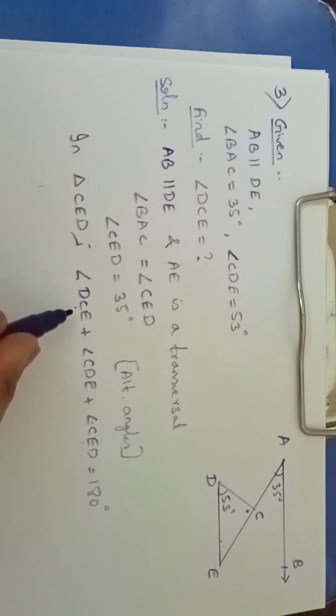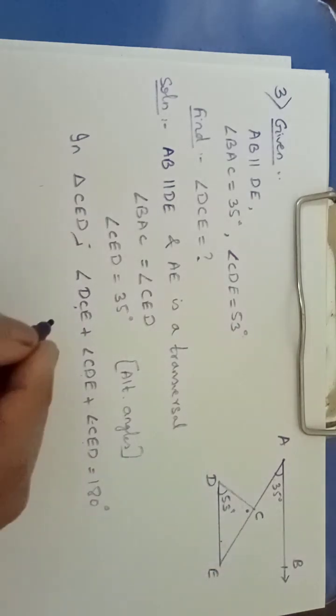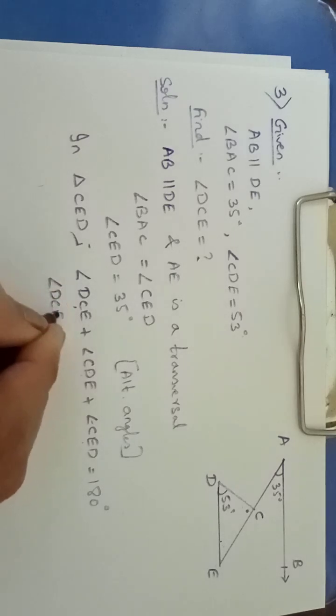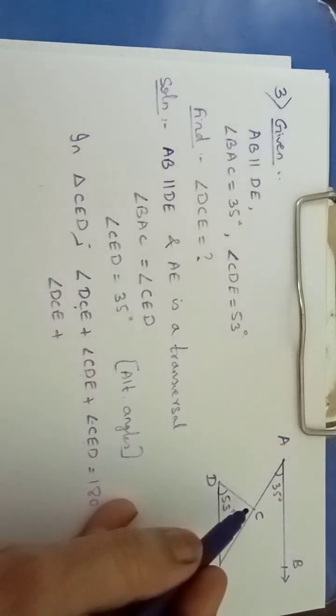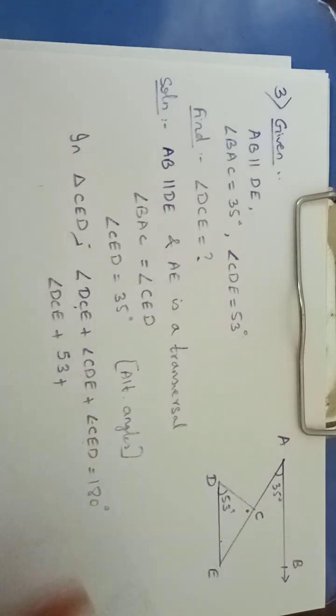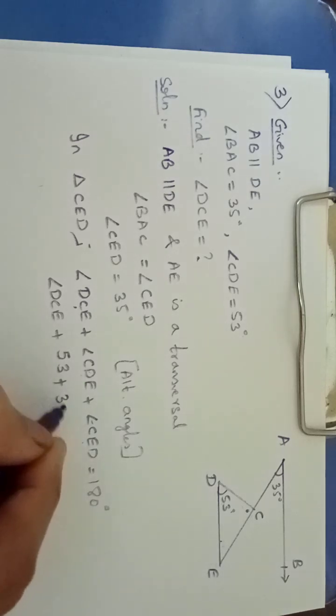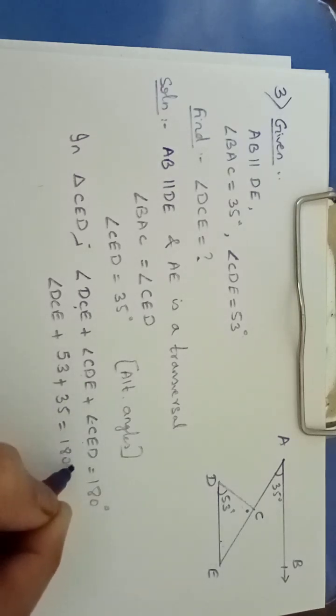So what is angle DCE? DCE we have to find out. This I will write, angle DCE as it is, plus what is CDE? CDE is 53 and CED, this, is 35 degrees, equals 180.